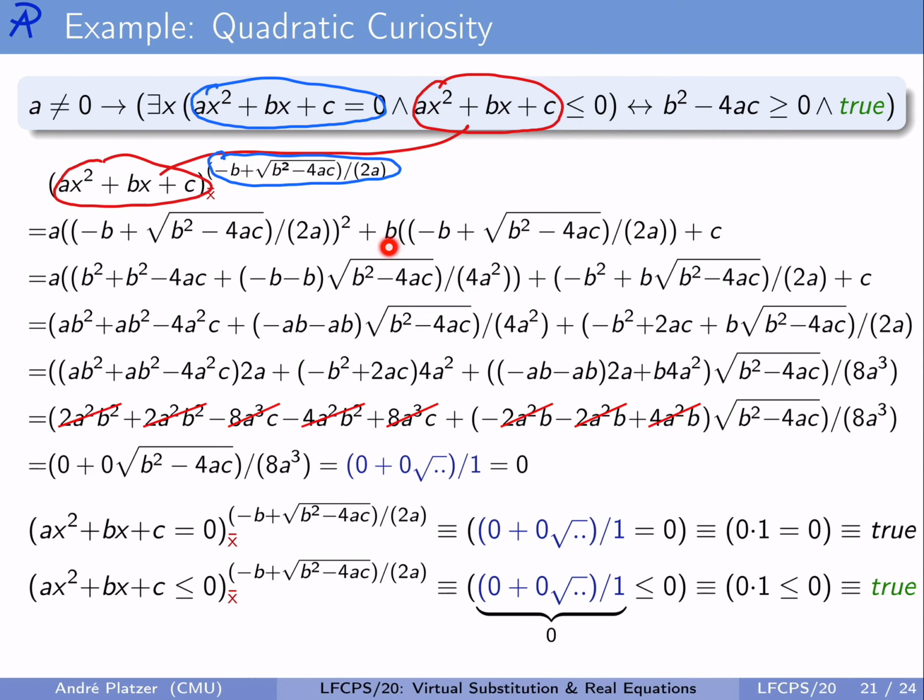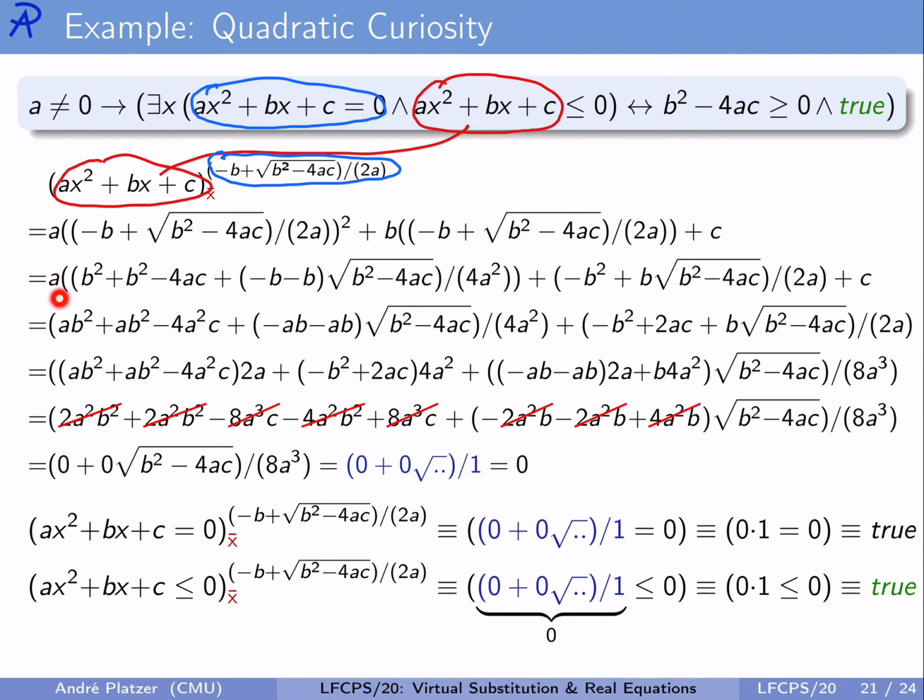Back here, we just multiply with the b through everything, so the b times minus b gives us minus b squared. B ends up as a cofactor for this, and we leave the division alone, c is unchanged. Now, a multiplied with this, of course, just means we multiply a in, so it's ab squared plus ab squared plus a multiplied with this gives us 4a squared c, and likewise a appears everywhere.